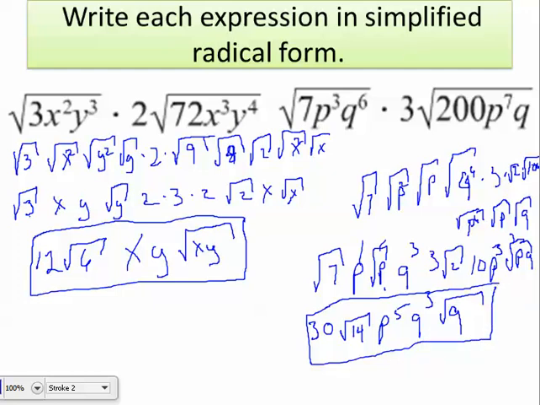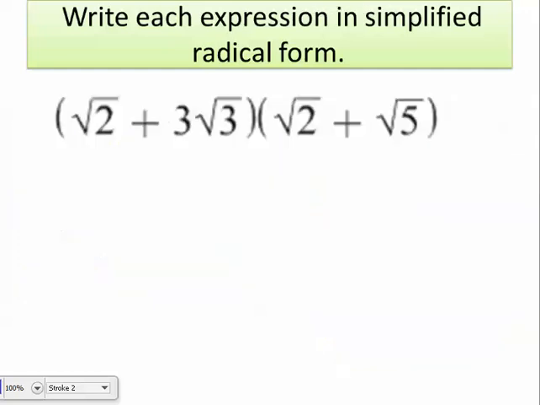You can see it takes a little while, but once you get used to doing it, break them down into the individual parts, take the square root of every one part of it, and it works just fine. How do I do something like this? Well, this is nothing more than the FOIL method. I'm going to use the first, inner, outer, last. Okay? And it shouldn't be a problem for me to multiply these together.